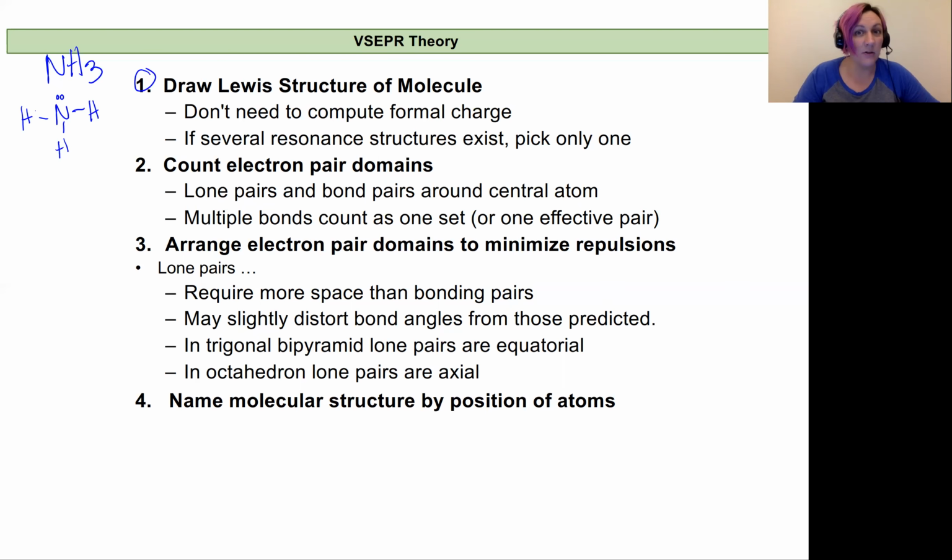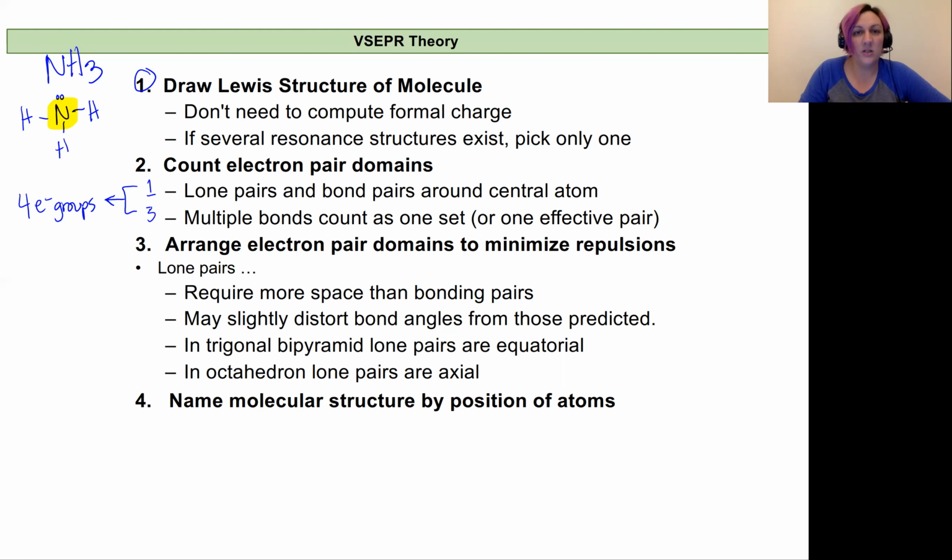So first I'm going to count all my electron pair domains, my lone pairs and my bonded pairs around the central atom. Here I have just one central atom, so it's simplified. It's just a nitrogen. I have one lone pair, and I have three things bonding to that central atom. So I have 4 electron groups or domains, whatever you prefer.